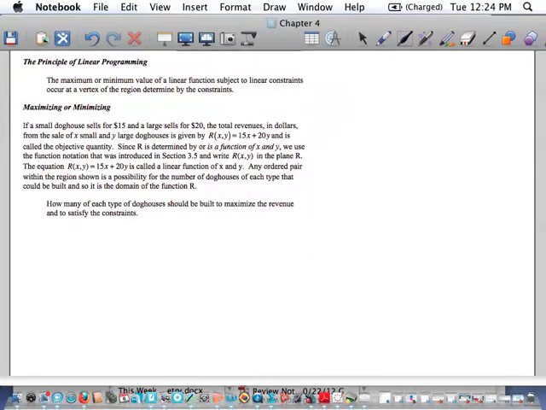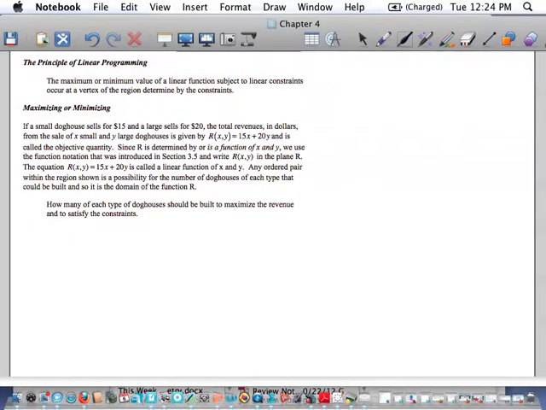Okay, let's take a look at the idea of maximizing or minimizing this system. The maximum or minimum value of a linear function subject to linear constraints occurs at a vertex of the region determined by the constraints. So now you can see why we chose to get those vertices, because that's what we're going to use.